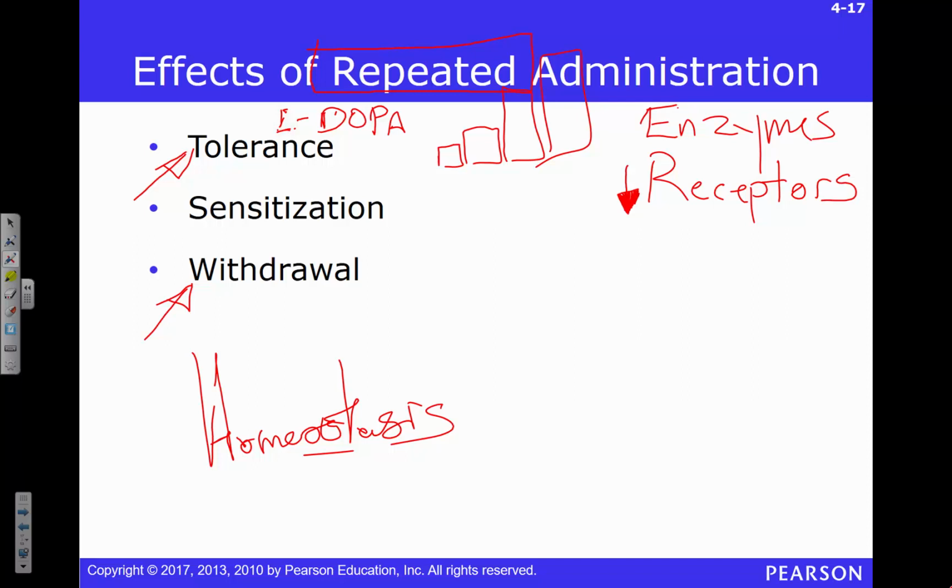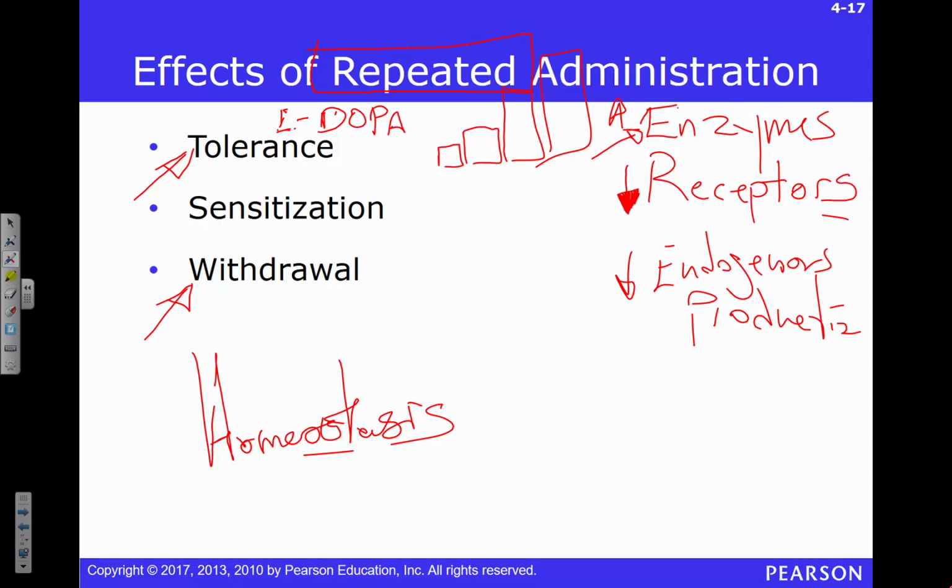Once you've been taking that substance for an extended period of time and you've developed tolerance to it, whether you've decreased your receptors, or increased your enzymatic activity, or decreased endogenous production, whatever it is you've done to try to fight back to that homeostatic level, that's going to be a relatively permanent and long-lasting solution, right?